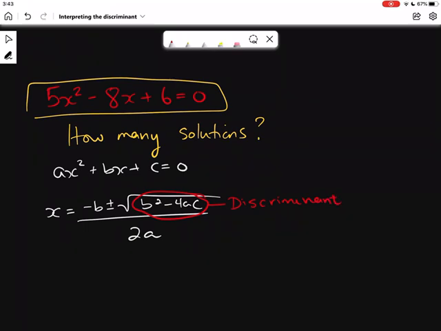So let's say I plug a, b, and c into my quadratic formula. That means a is equal to 5, b is equal to negative 8, and c is equal to positive 6.